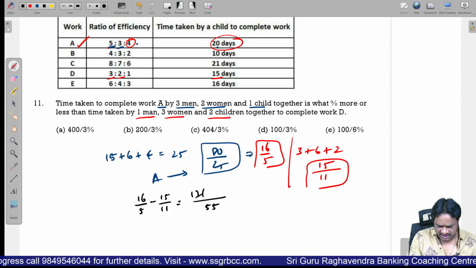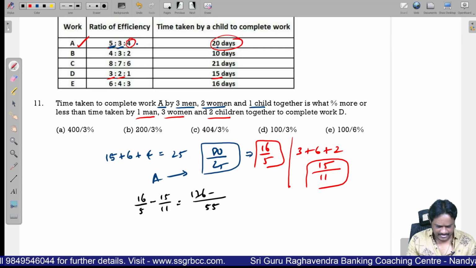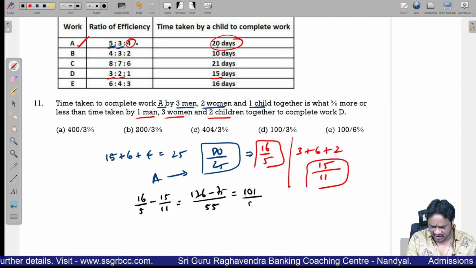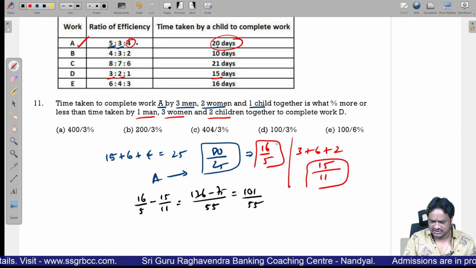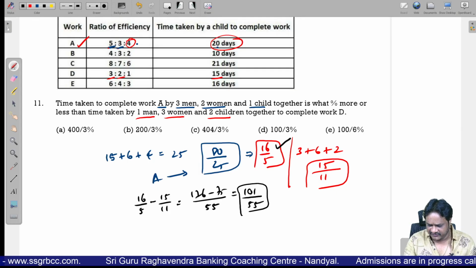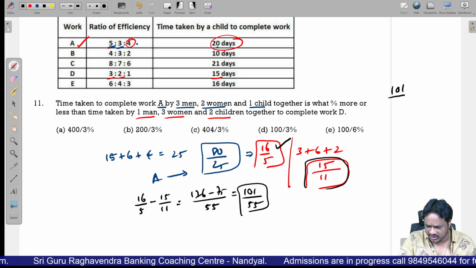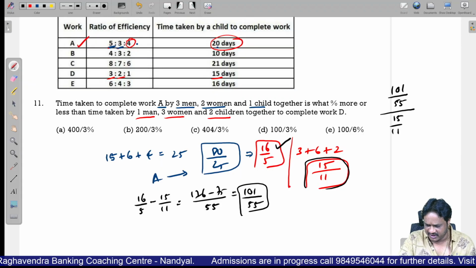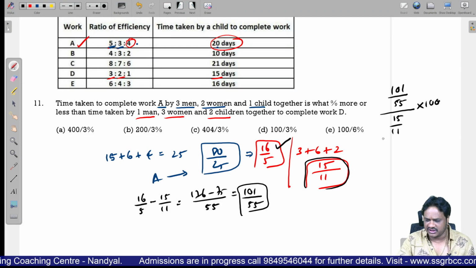It is 176 minus 75. We will get 101 by 55. So this will take 101 by 55 days more when compared to this. So what we have to do? 101 by 55 more. From where is it more? 15 by 11. What percent means into 100. Do the calculation.